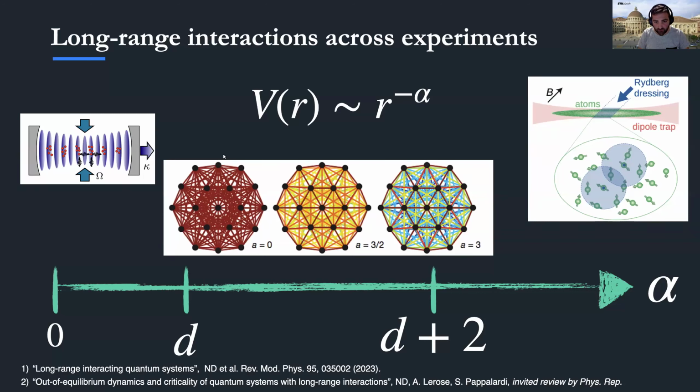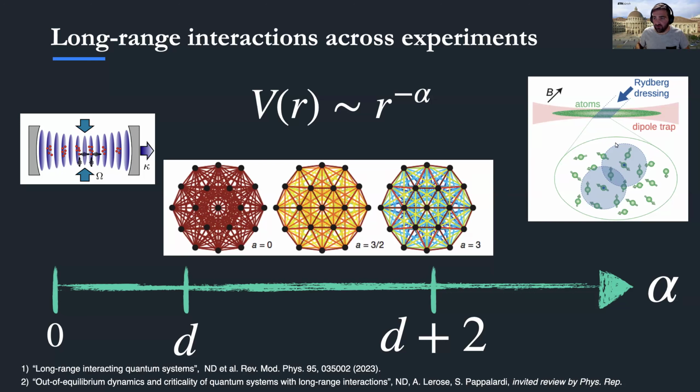The power law is tunable because it depends on the shape of the dispersion relation of the phonons, and one can tune basically interactions that range from 0 to 3. Sorry, this A here is alpha, there is a mismatch in notation.